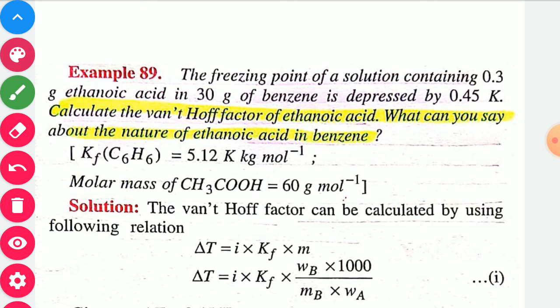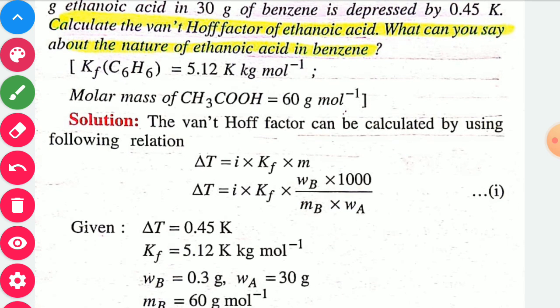What can you say about the nature of ethanoic acid in benzene? Kf for benzene is equal to 5.12 Kelvin kg per mole. Molar mass of ethanoic acid is given, that is 60 gram per mole.